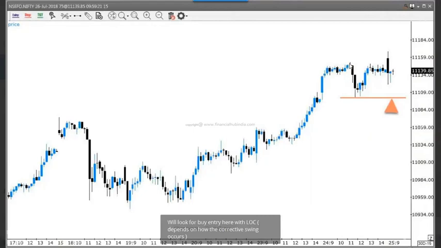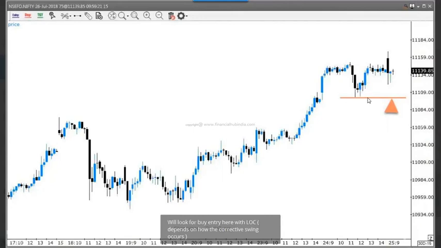You understand that the sellers have attacked the market for the first time right after a long momentum from here to here. The buyers overtook that momentum towards the upside, but again the sellers come back in here.